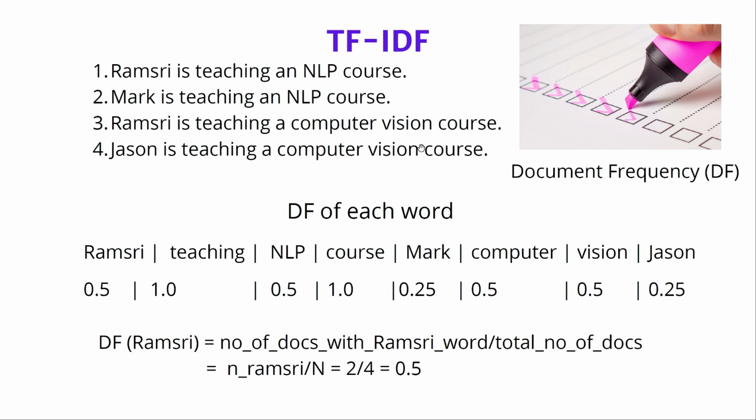And now we have captured 2 interesting statistics: how many times a given word occurs in a document and how many times a given word occurs across documents. The first one is called term frequency and the second one is called document frequency. We'll see why we have IDF, that is inverse document frequency.